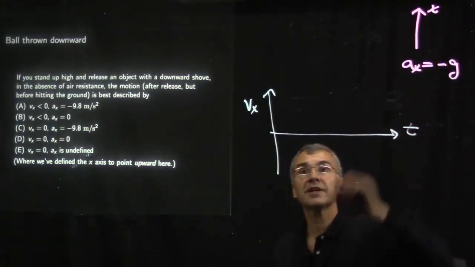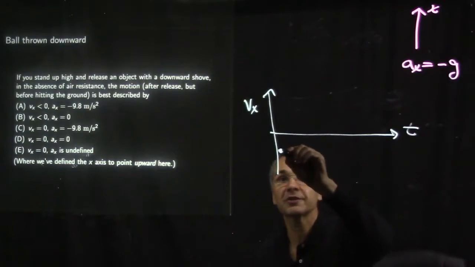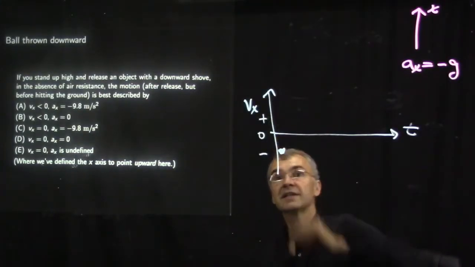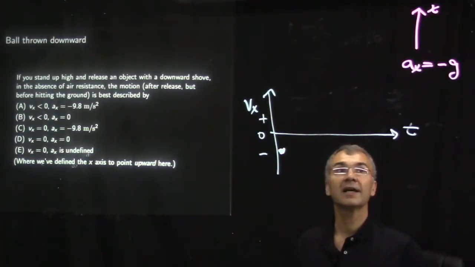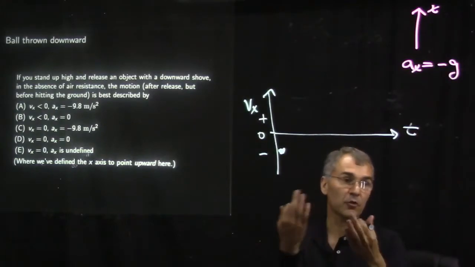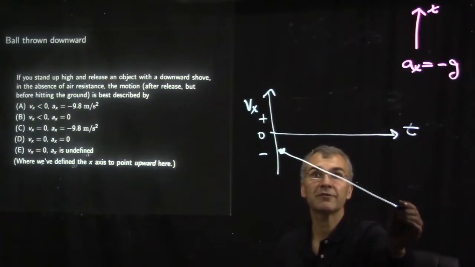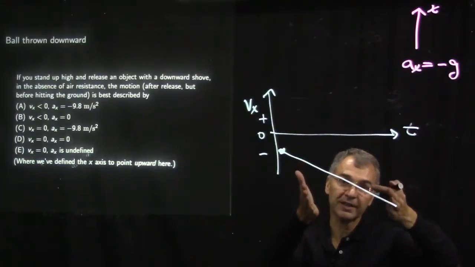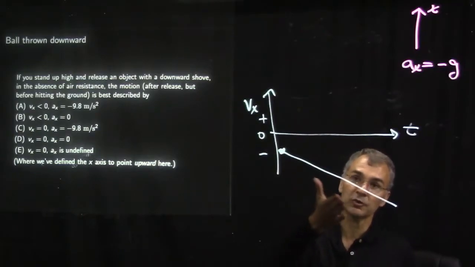versus time. So when I'm giving it a downward shove, at time 0, it must have a negative x component of velocity. And then if it's only under the influence of Earth's gravity, then the slope of that v sub x versus t curve is negative, which is saying that Earth's gravity is accelerating it downward, which is to say that v sub x is getting more and more and more negative.